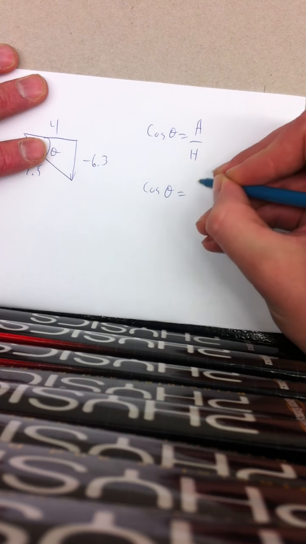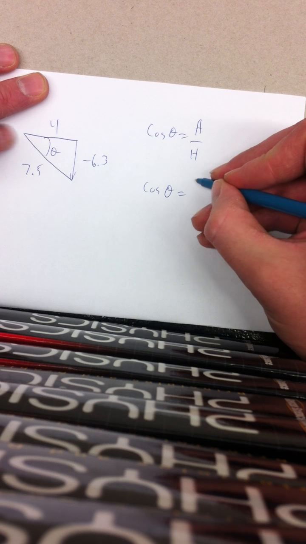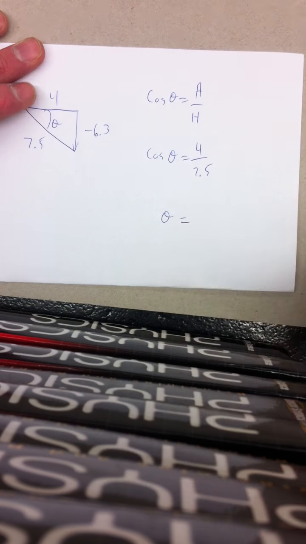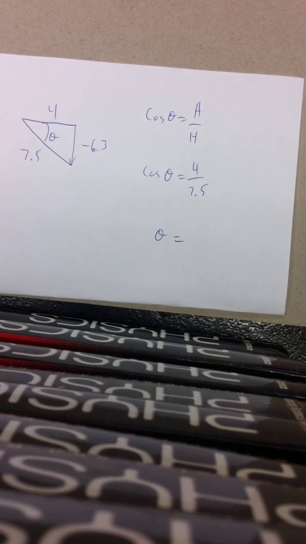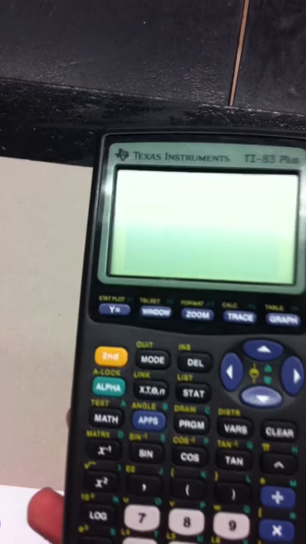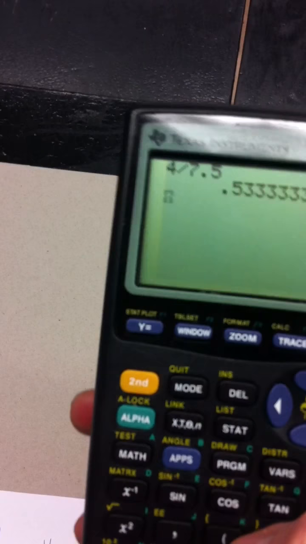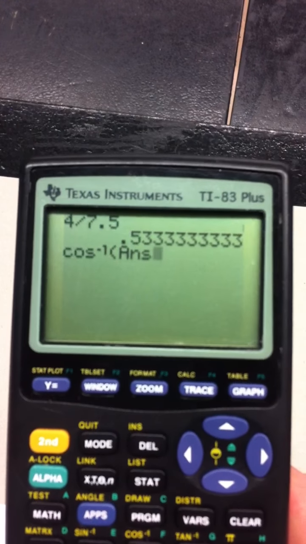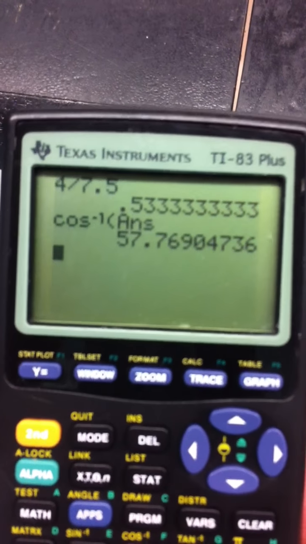Cosine theta equals, the adjacent side is 4, over 7.5. So theta comes out to be 4 divided by 7.5, inverse cosine, you get about 58 degrees.